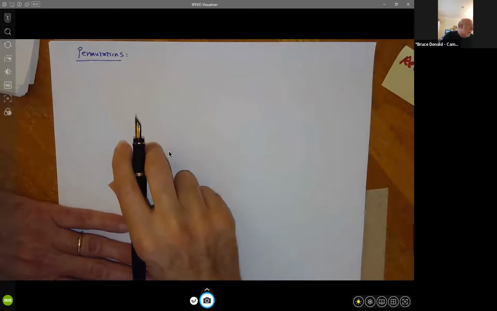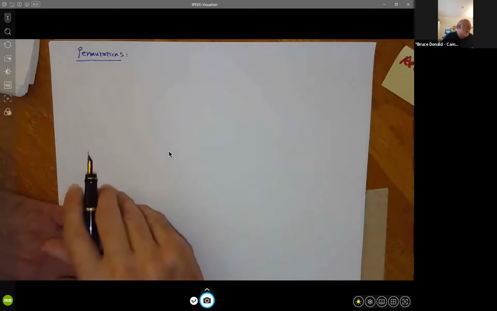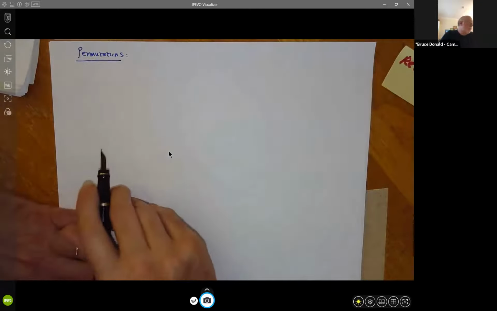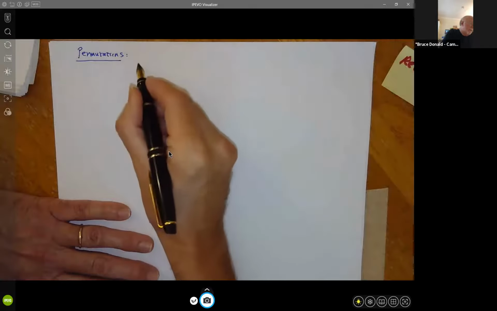So we want to assume that we have n objects, and we're asking what's the number of ways to fill n ordered slots with those objects. Let me write that down.